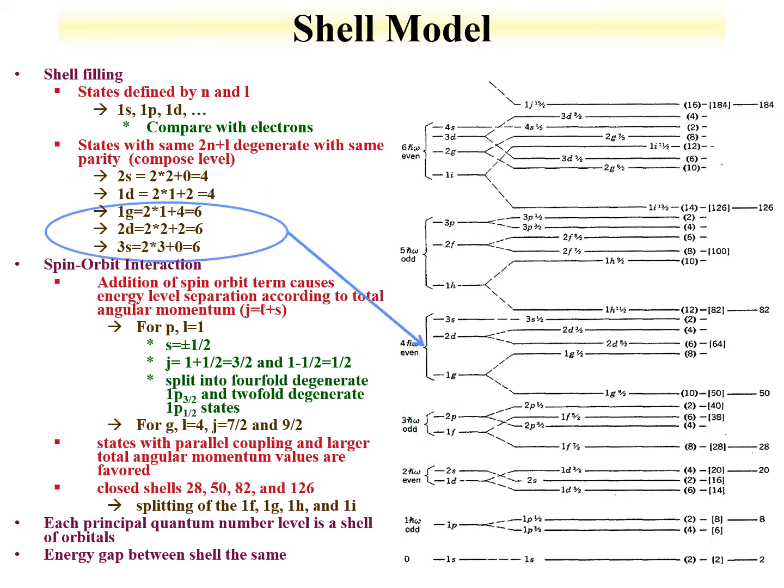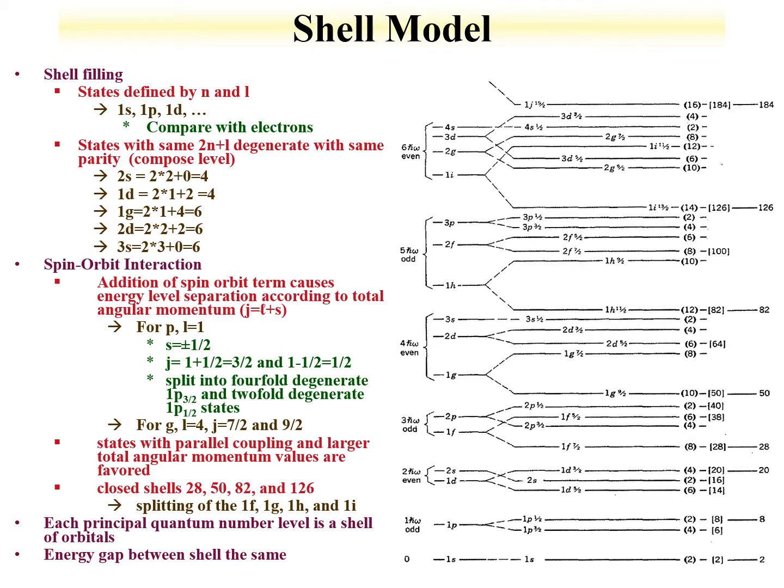We can see the same thing shown here, where we have the 1g, 2d, 3s, where all of these equal 6, and those levels become degenerate. And then when we have spin-orbit coupling interactions, we can split the angular momentum, where j equals l plus s.